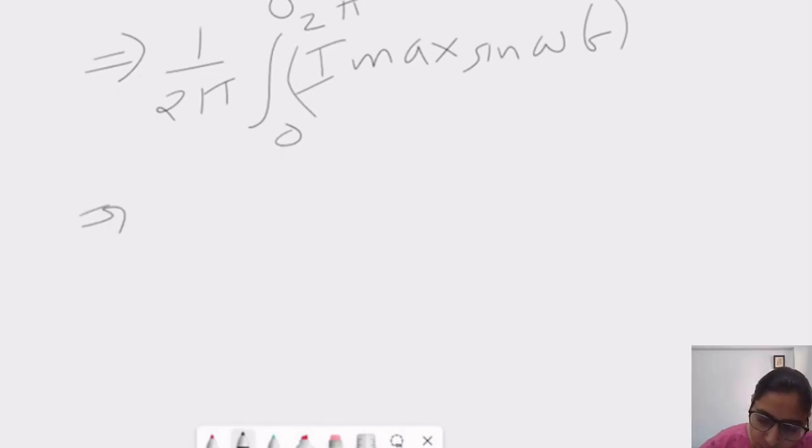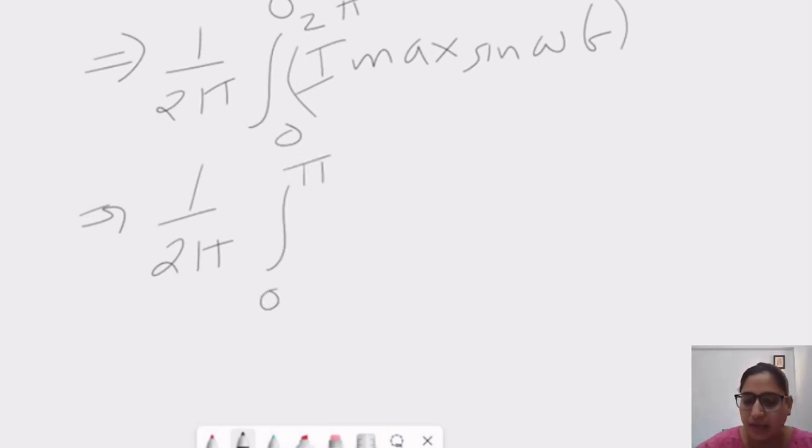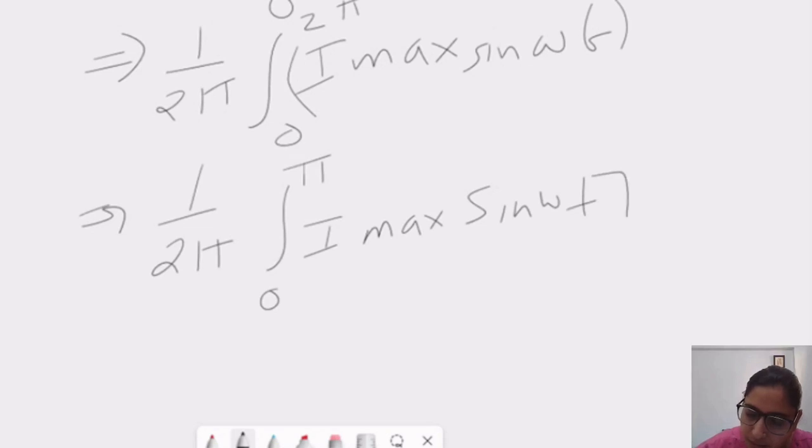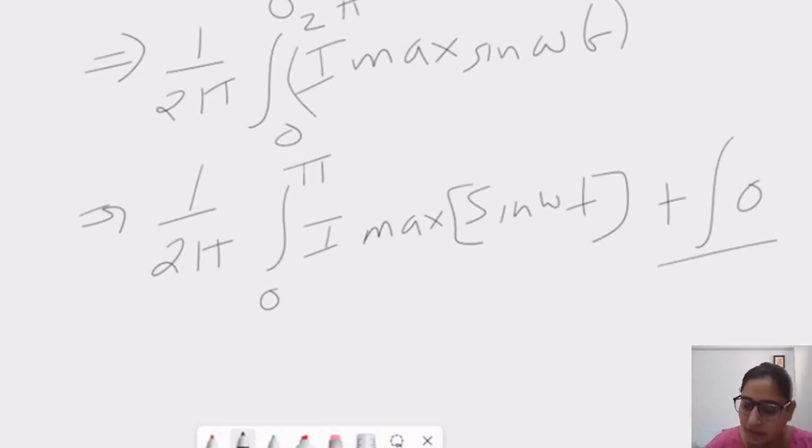We know that beyond pi it will be 0, so we can only consider 0 to pi. In 0 to pi it is I max sine omega t. Beyond that, the integration will be 0, whatever the limit is, because the current element is 0.